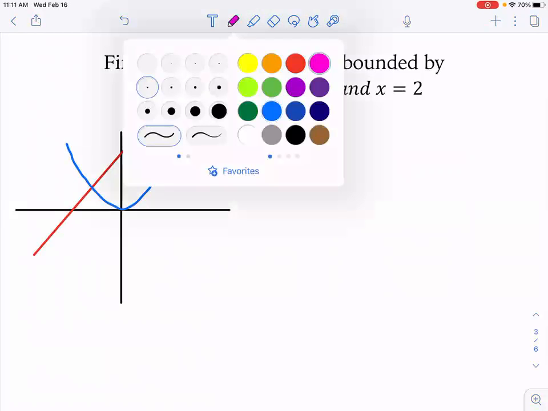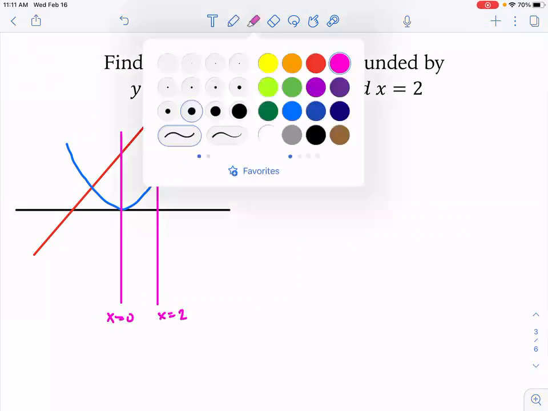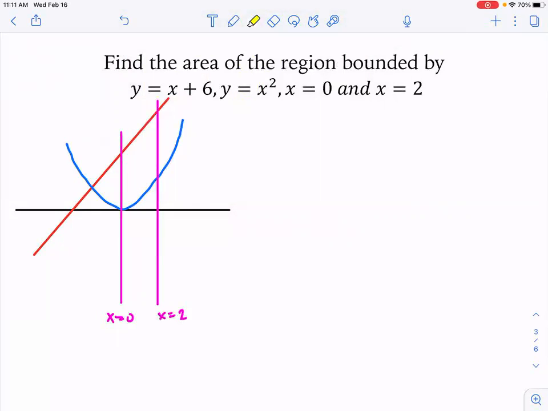And then x equals 0. And x equals 2. What region are we talking about? The region bounded by all 4 graphs. Yeah, it sort of looks like a parallelogram with a little curve.